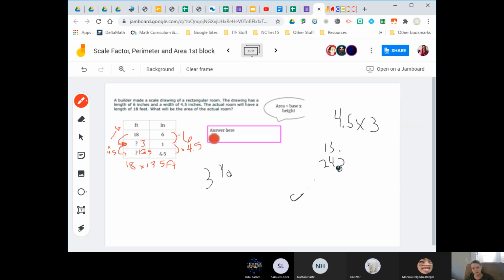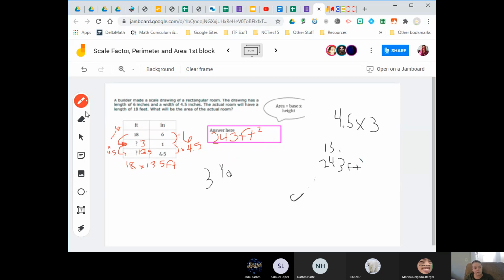All right, so the area of the room is 243 feet. And anytime we're talking about area, it's always going to be our units squared, okay? So we're always going to square our units.